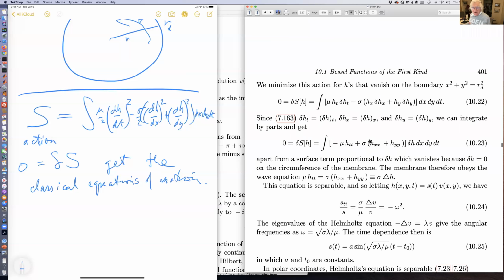Namely, we said, well, we want this to be 0 to first order. What we really mean here is to first order, or lowest order, in the changes: the change in the time derivative, change in the x derivative, change in the y derivative.